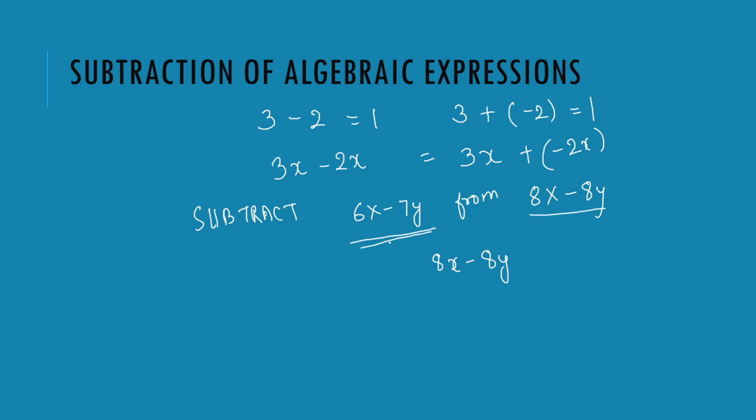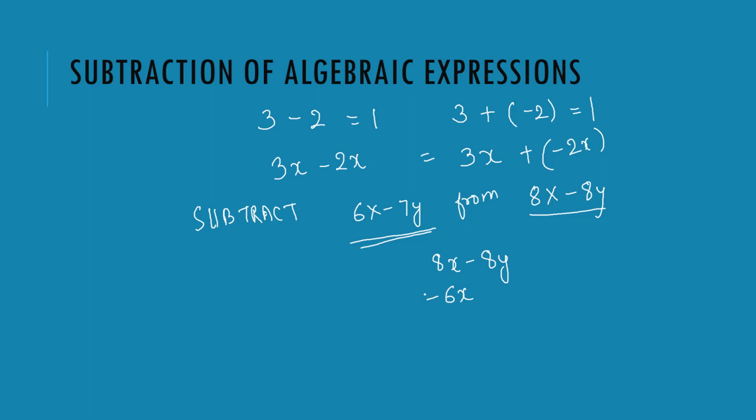Understood? Now what I told you is that subtracting something means if you invert it and add it, it means the same thing. So if you take the additive inverse, what will be the additive inverse of 6x? Minus 6x. So we just change the sign.